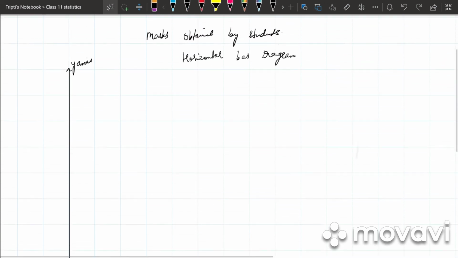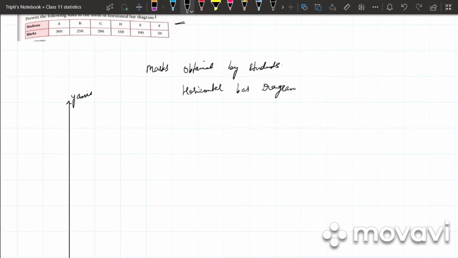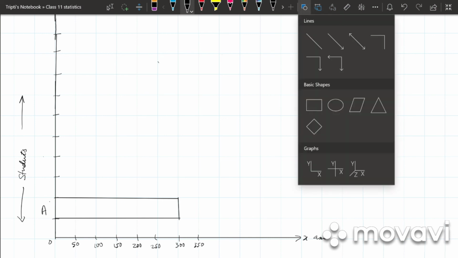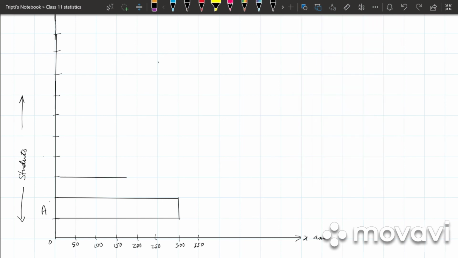So what will the y-axis be? It will be students and x-axis will be marks. So first we have A, that is 300. Next we have B, that is how much? 250.